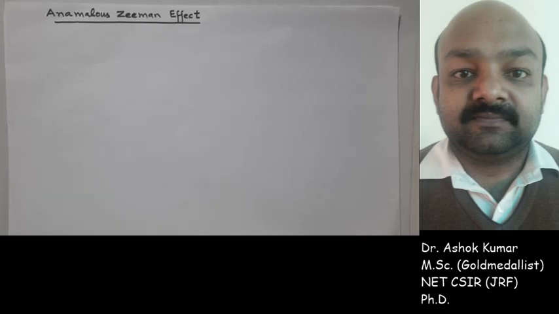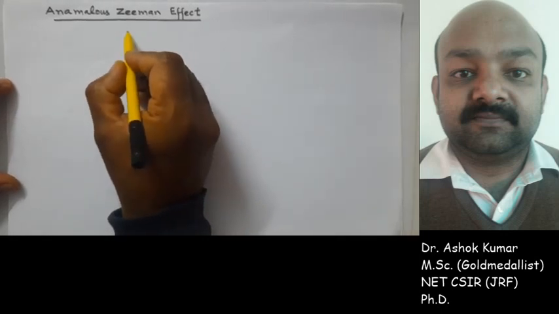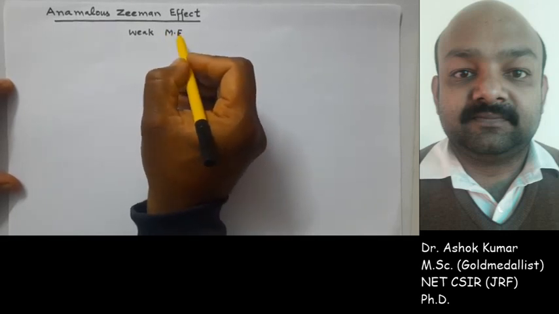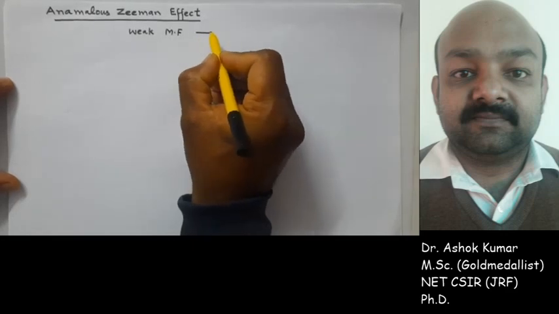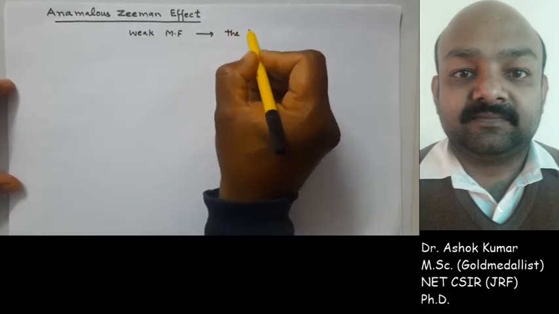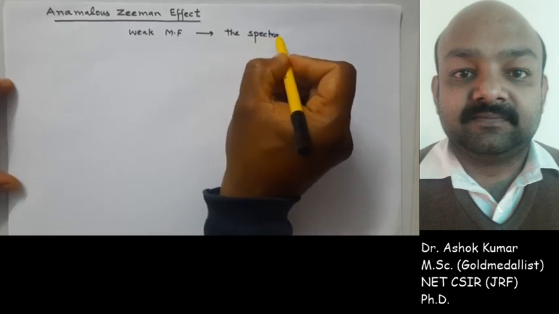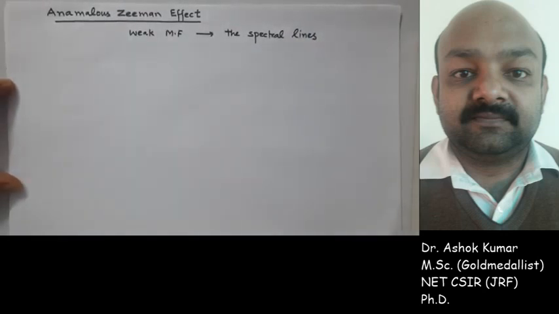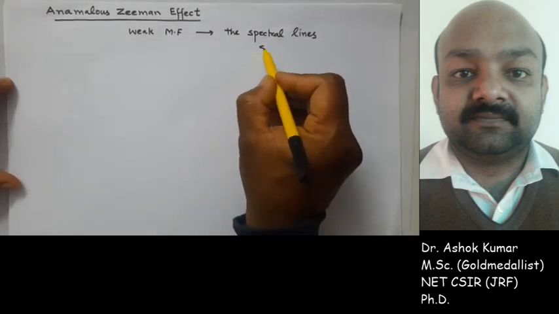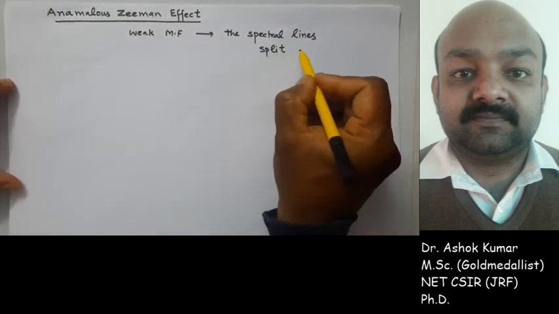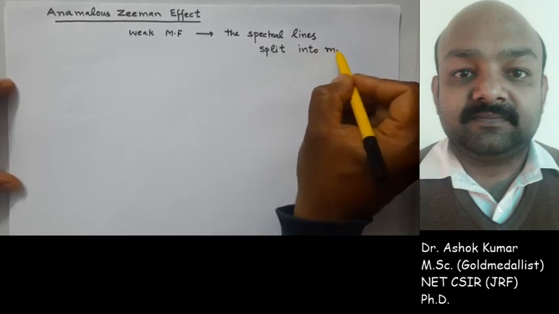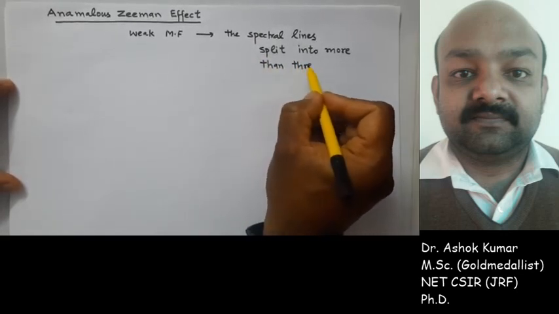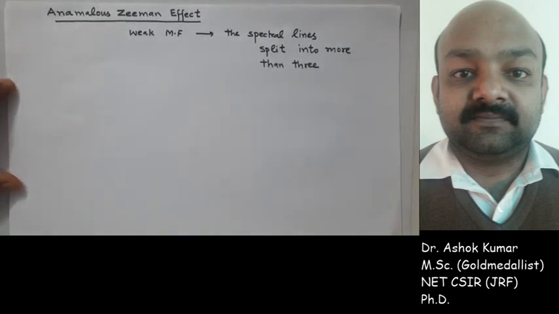It is when we apply a weak magnetic field, then the spectral lines split into more than three components.